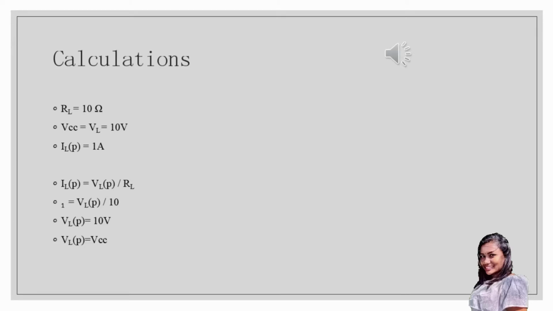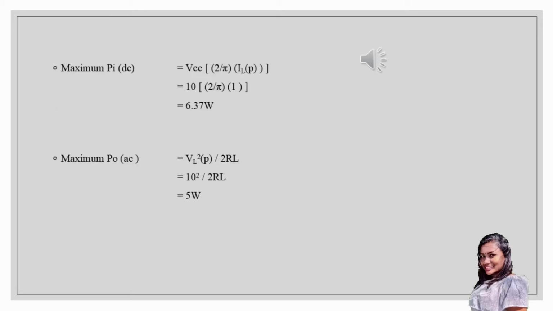Let's find the value of VL peak using the values that we know. Let's use the formula IL equals VL over RL. Inserting the values into this formula, we get VL equal to 10 volts. As we know, VL is equal to VCC, so the value is 10 volts.